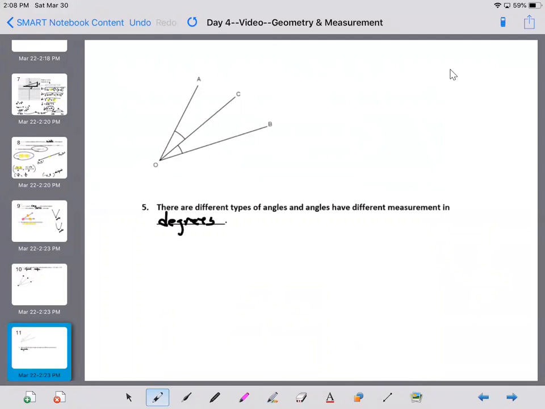When we're talking about degrees, we're thinking about a protractor out of 360. So 360 degrees would be that circular total that makes up a circle. So here we're talking strictly about degrees, which would represent something in this format, 38 degrees or 135 degrees.